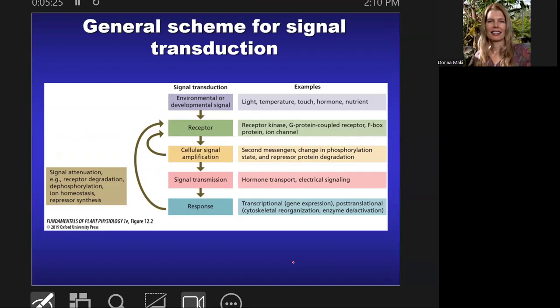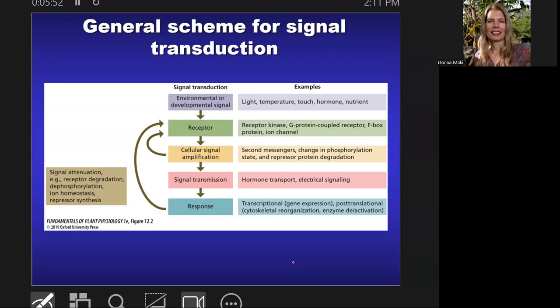I like this diagram. I think it's a nice flow chart essentially on how to think about this idea of signal transduction, whether it be from sunlight cues or whatever. So we have the environment or developmental signal, the receptor of some sort, and then often there is some kind of amplification. They often say second messengers play that role.